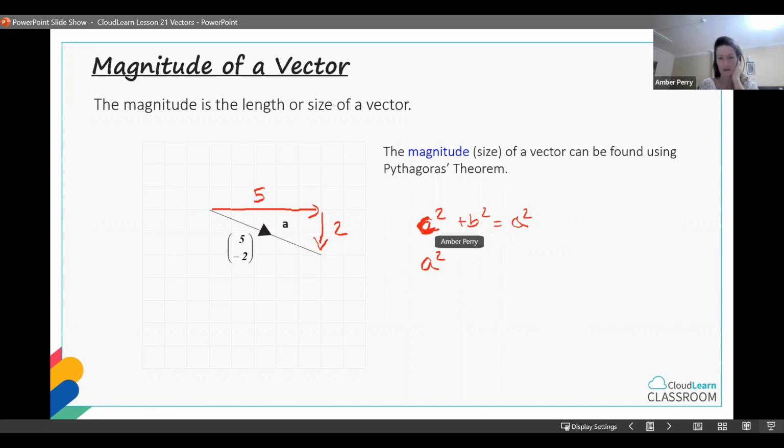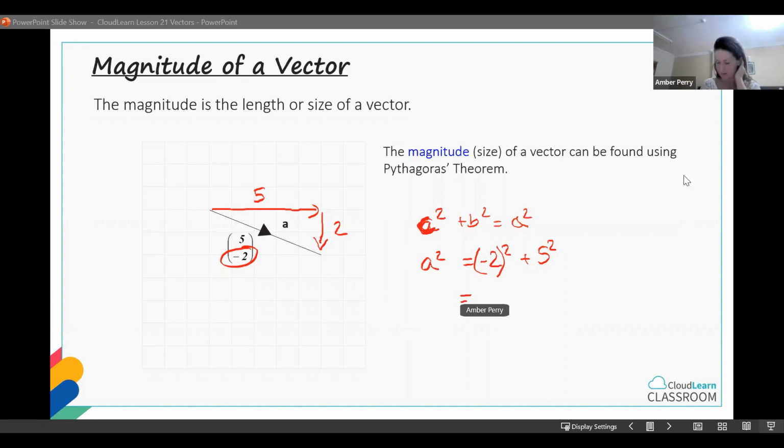So do have a look. The longest side squared is equal to 2 squared plus 5 squared. Now you can see that we've got the vector minus 2 there, and I've dropped the minus here. It doesn't matter whether we do that or not, because obviously minus 2 squared and 2 squared are the same thing.